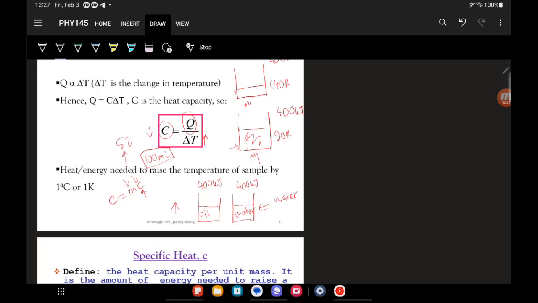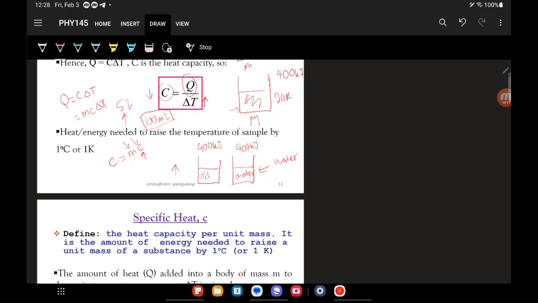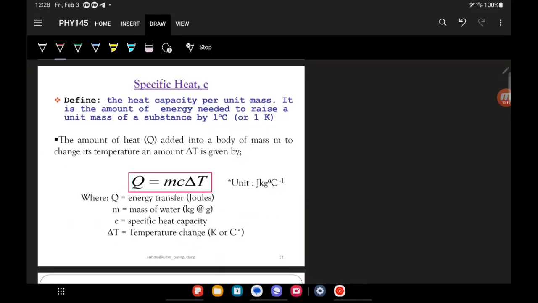So we can break down the equation Q = C ΔT, where this capital C is only the heat capacity, into a more specific equation, with a categorization of values according to the material. Then we have Q = m c ΔT.